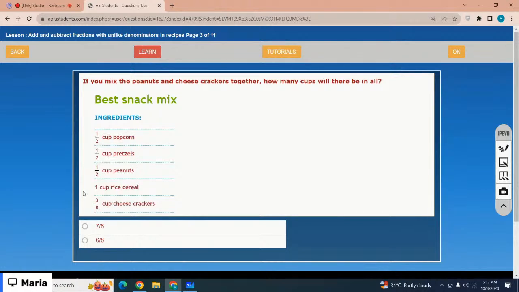So you need to add 1 by 2 and 3 by 8. So which is the correct option? Very good. That would be 7 over 8. When you add them, the answer is 7 over 8.